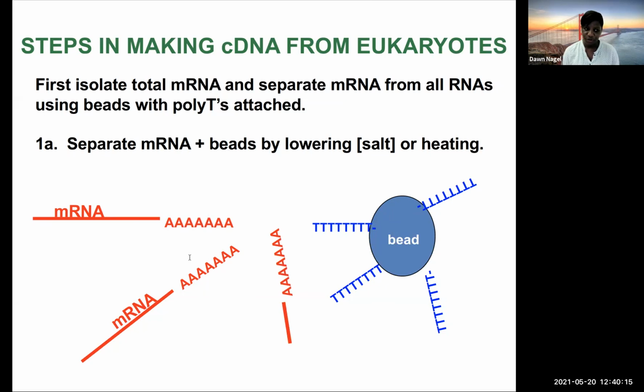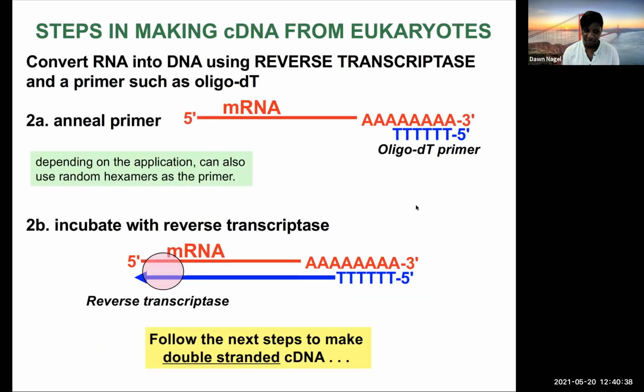Once you capture this messenger RNA with this bead, you will have this pool, and now you can get rid of the bead, either by lowering the salt concentration or by applying a really high temperature to break the bonds between these two.